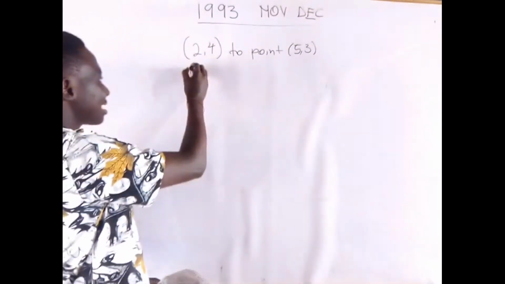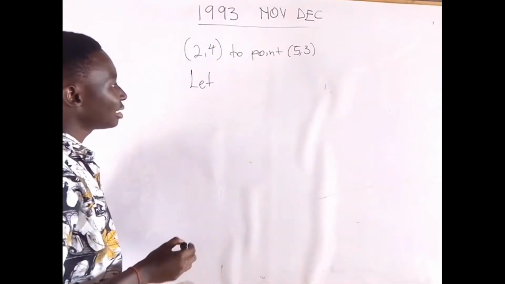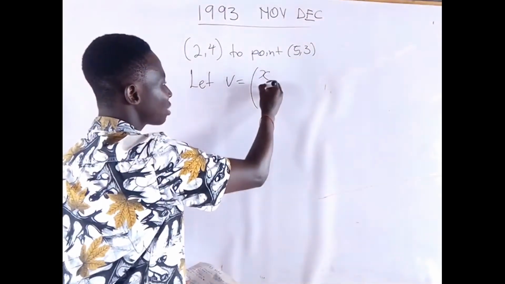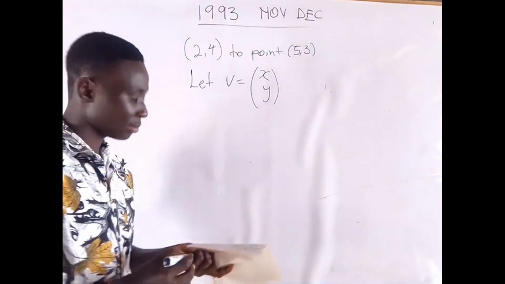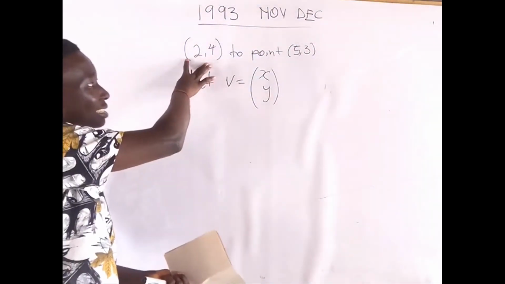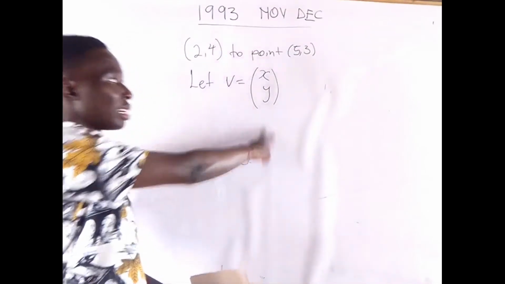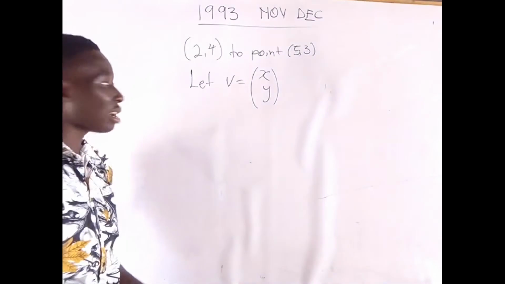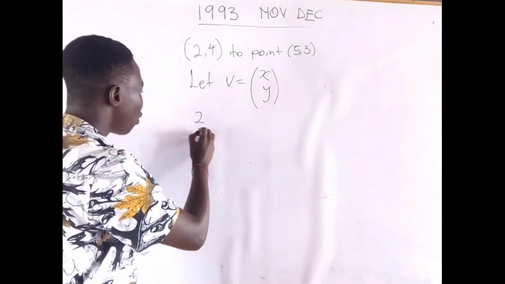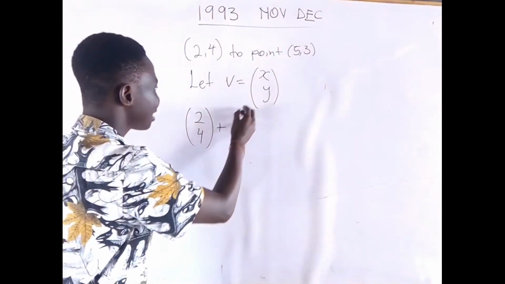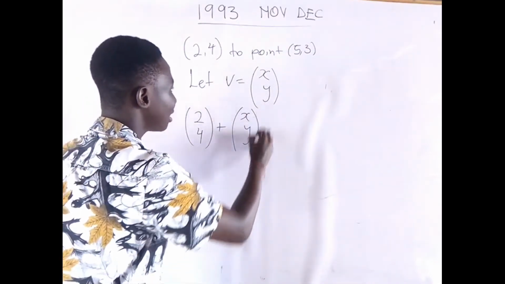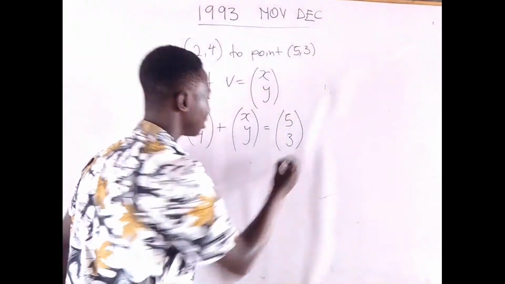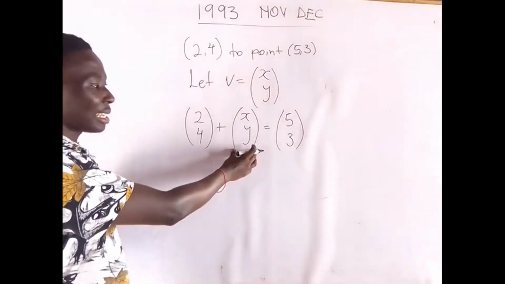So let the vector be xy. So now you are going to add this to the point 2, 4 and then equate it to the point 5, 3. So when we do that, we are going to get 2, 4 plus xy equals 5, 3. So now make xy the subject.